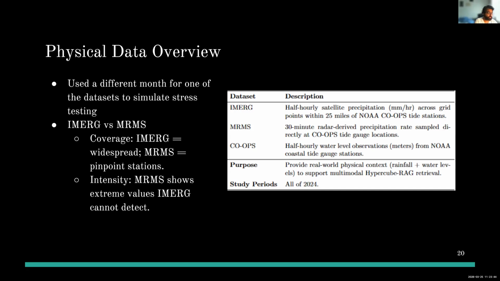But when it comes to the iMERG and the MRMS, the issue is that they all come from different government branches, different government departments, and so none of them speak to each other. So when it comes to their information, I have to be able to convert several different file types all into one, and it makes the coding process so much more painful than it has to be.